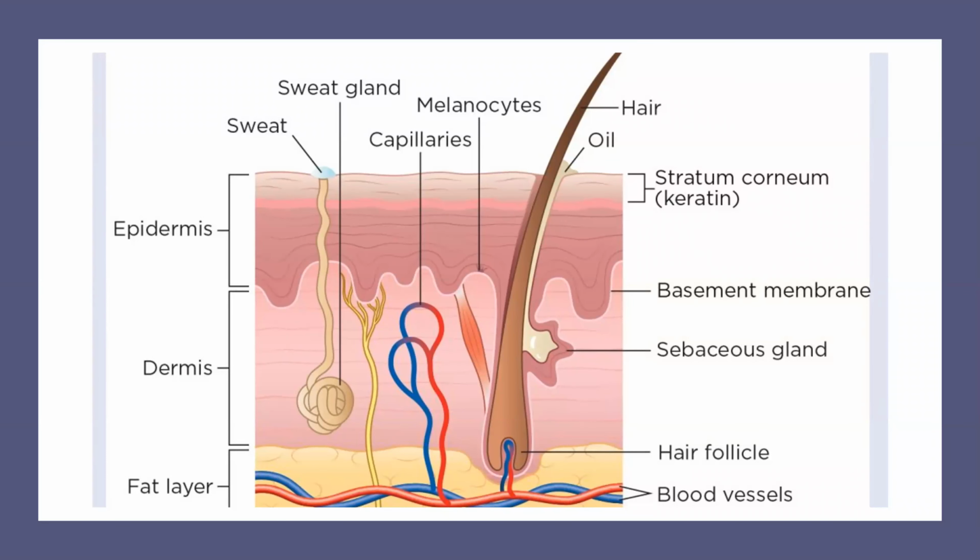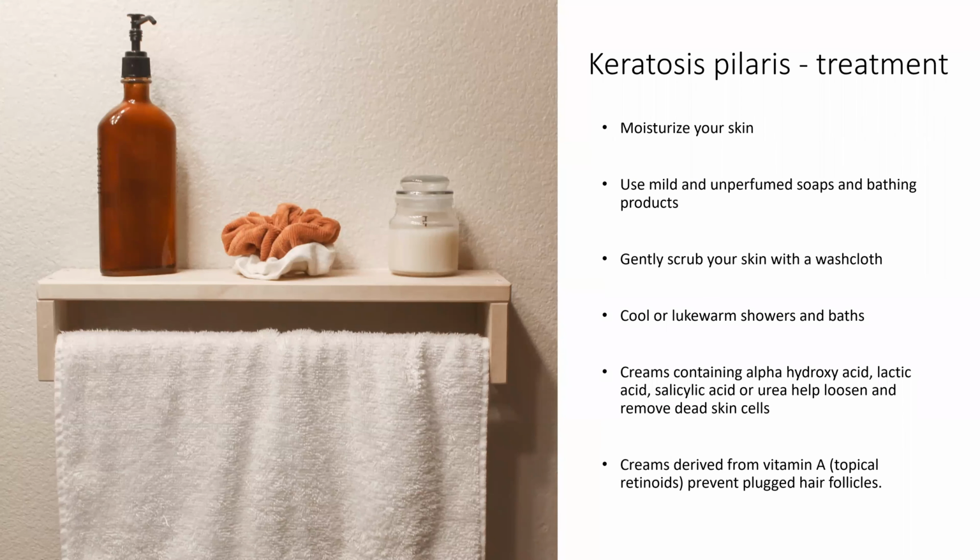There's actually nothing that has changed, nothing is different, your skin is not in any kind of trouble, but it looks visibly different and it causes problems. So when you have KP, what's recommended is that you take cool or lukewarm showers and baths. So try to avoid extremely hot water. Or if you can't avoid it, then by all means try to avoid the mirror afterwards.